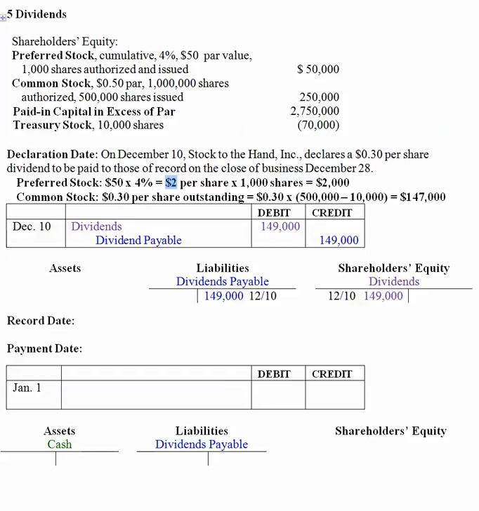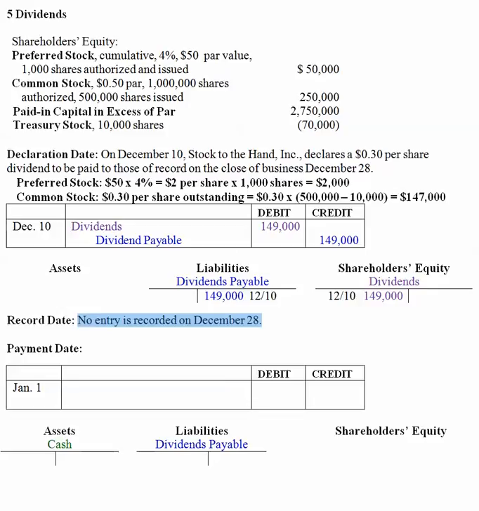So on the date of record, December 28th, there's actually no entry, but there's a lot of work to be done. If you recall, I showed you the stock quotes in a previous video. There are hundreds of thousands of shares sometimes traded in a day, so it's a tough job trying to figure out who exactly the checks are going to go to.